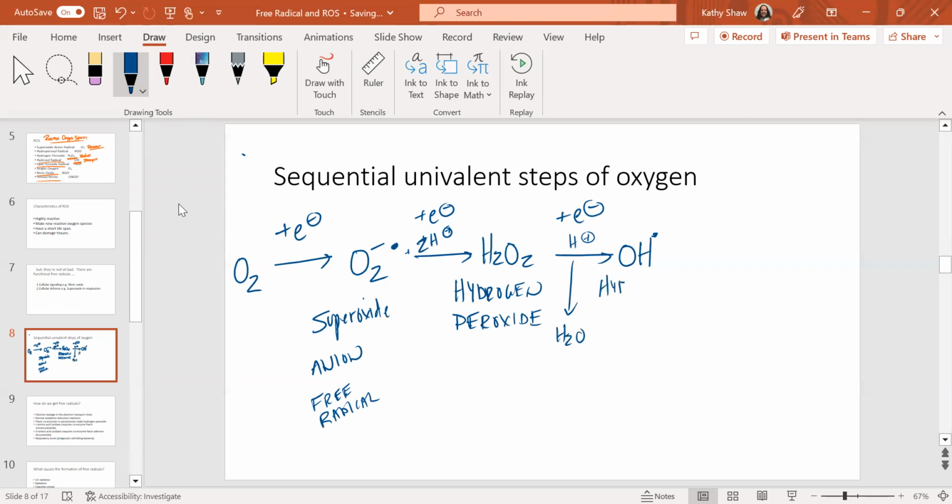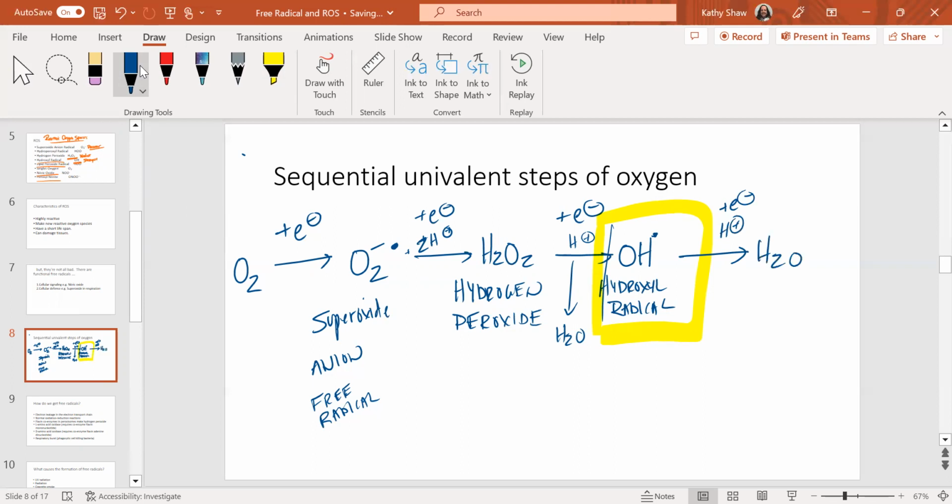So this is our hydroxyl radical, the most powerful oxygen free radical. Like we said earlier, hydrogen peroxide was our weakest. Then if we add another electron, that's when we get our water.